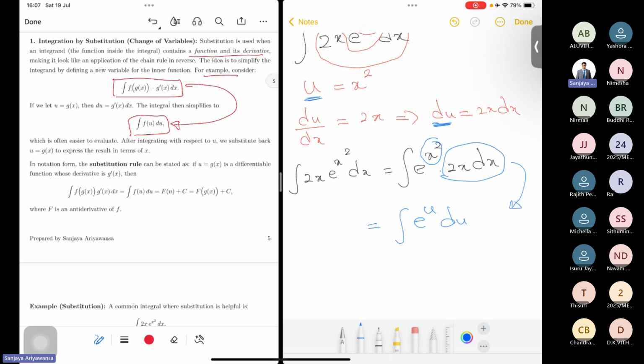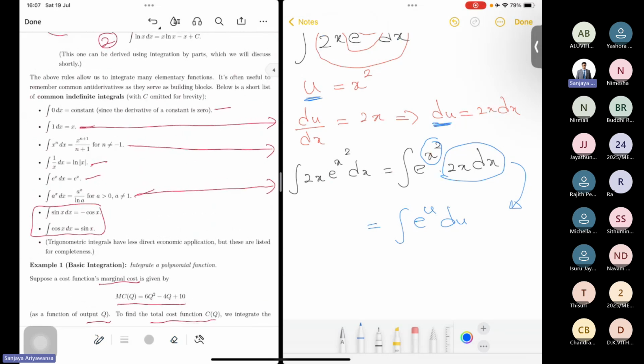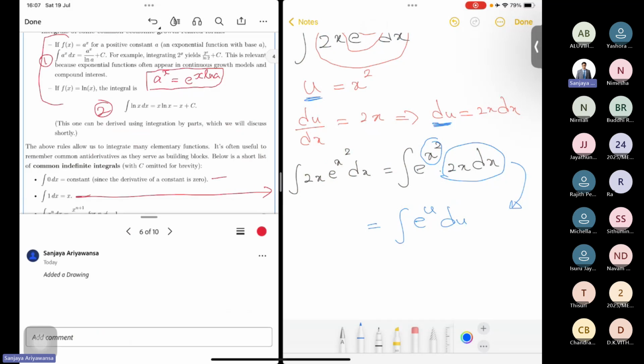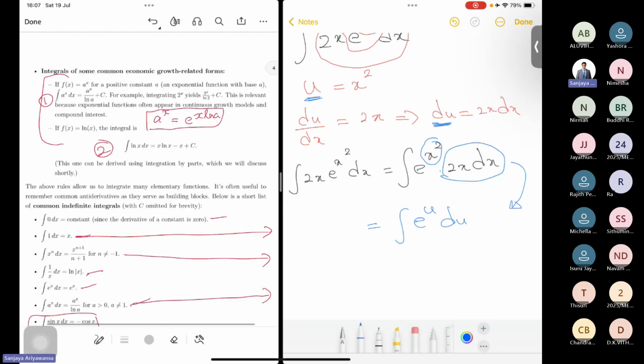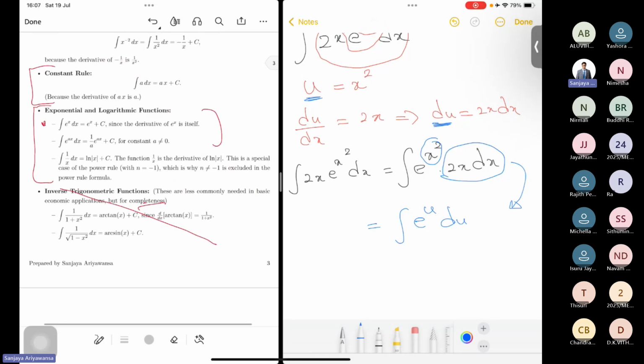Now this we know how to integrate. Why is that? Because e to the power u, we have learned, is this over here. It's your exponential function learnings that you got here, the first one. It's e to the power x dx. That's what we have here. So here it's simply e to the power u plus a constant.